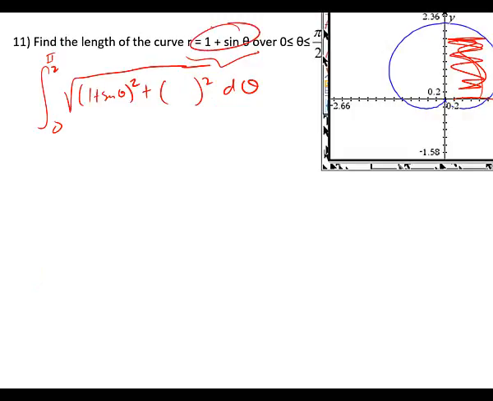So what's the derivative of this thing? Cosine theta. And again, I would go ahead and use my calculator to do it. Believe it or not, the answer should be 8.